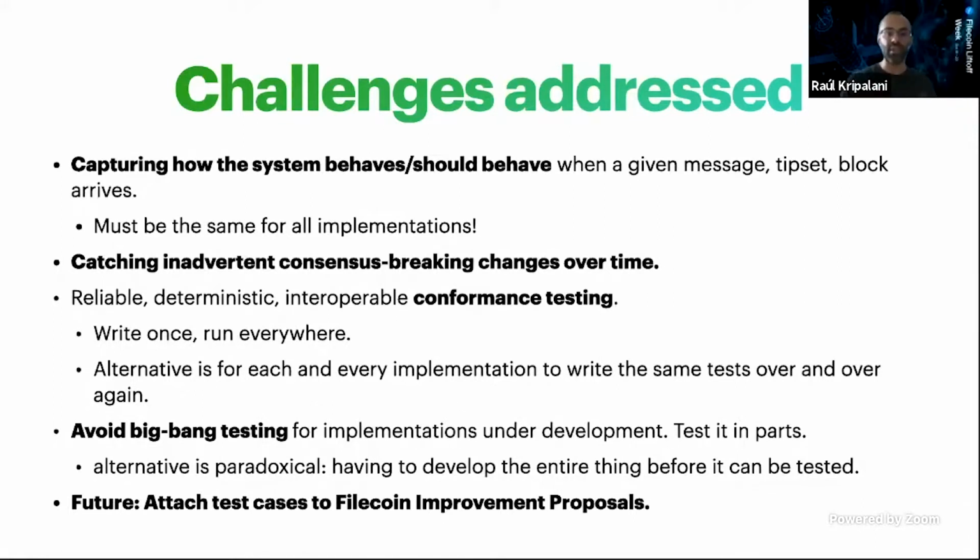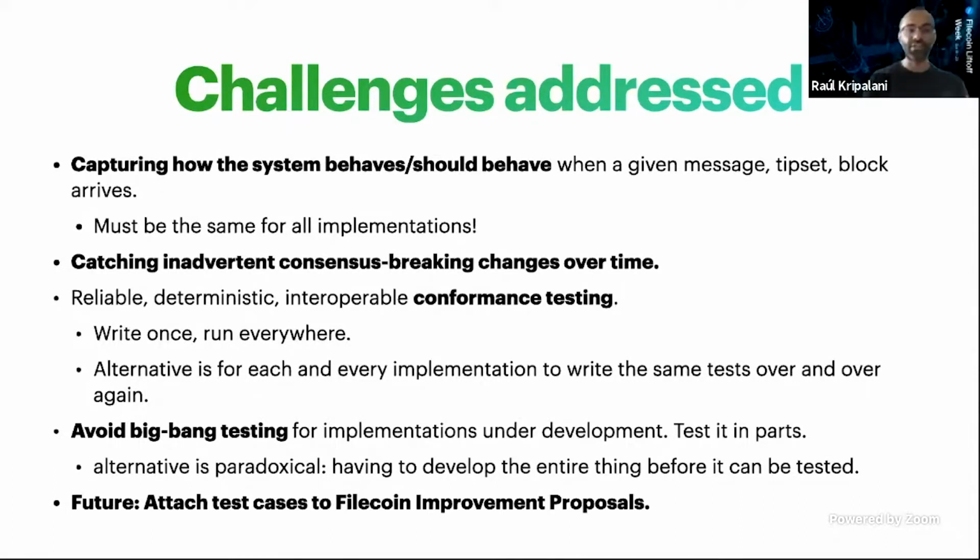Because if you want to sync from Genesis, from tipset 0, in the case of Filecoin, you need to be able to arrive at the same state at every single tipset sequentially, right? So this means that your implementation will accumulate all of these changes, and it's important that the test vector corpus is also storing and memorizing all those behaviors that were captured across a long time, right?